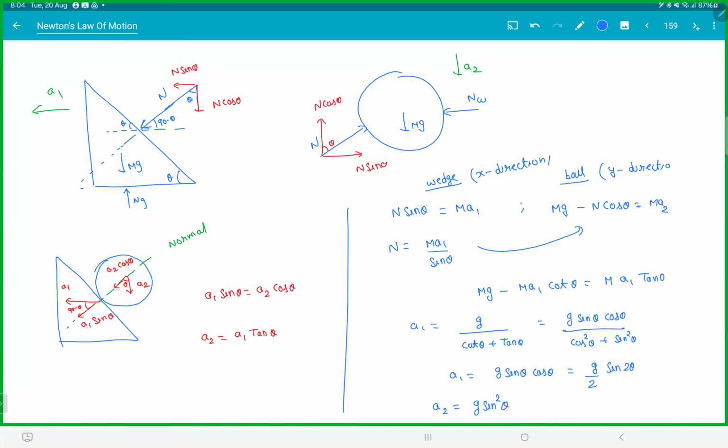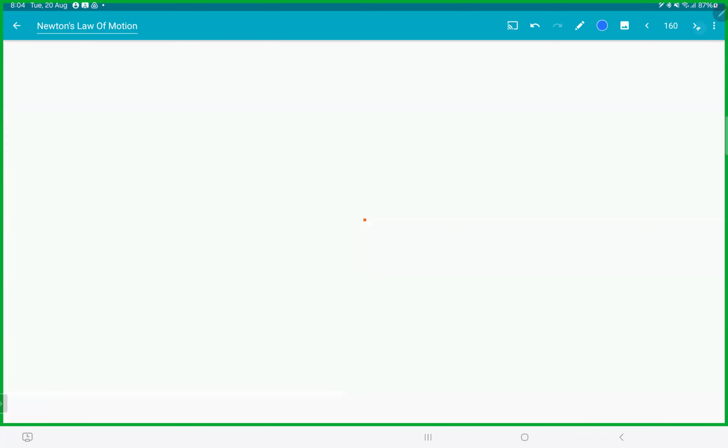Next thing, weighing machines. So what does a weighing machine measure? What do you think it measures?